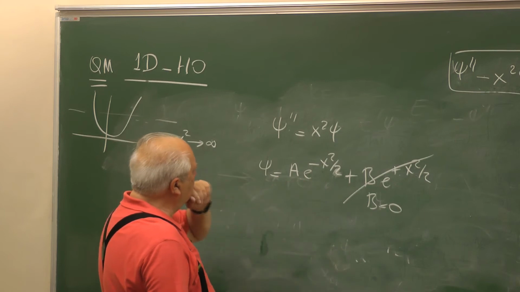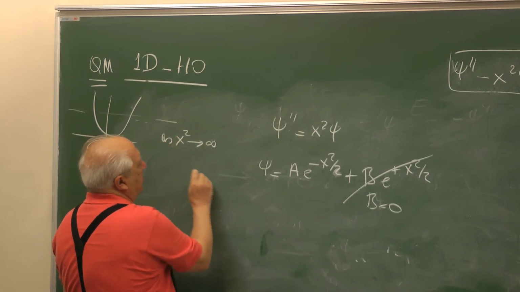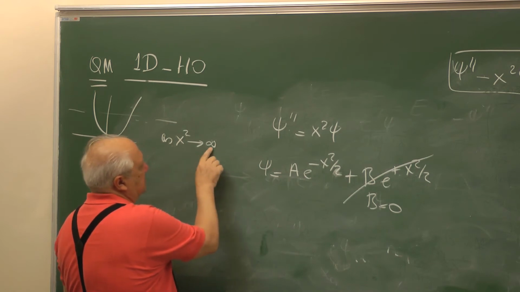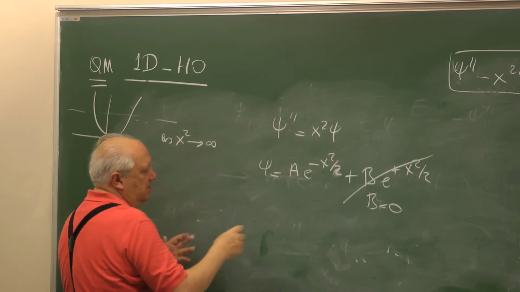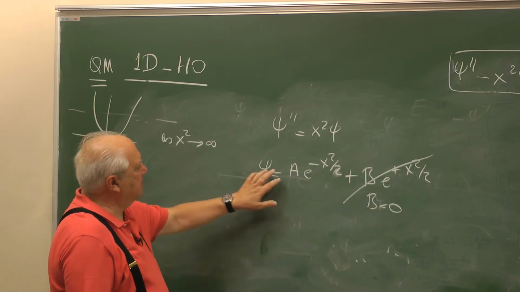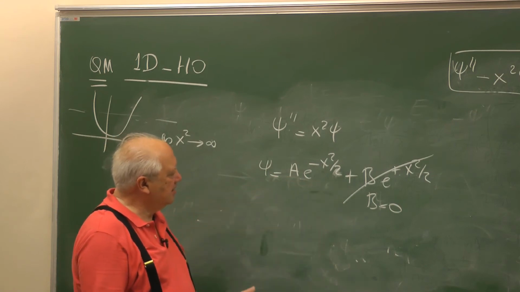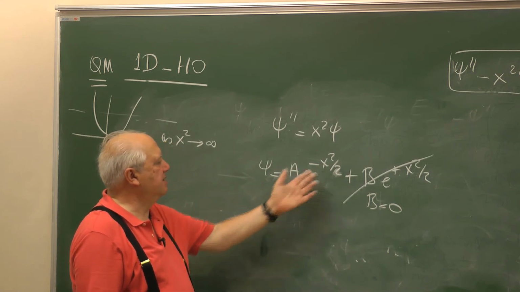So what does this say? It says that as x squared gets very large, x in the positive or negative direction, psi should diminish as e to the minus x squared over 2.